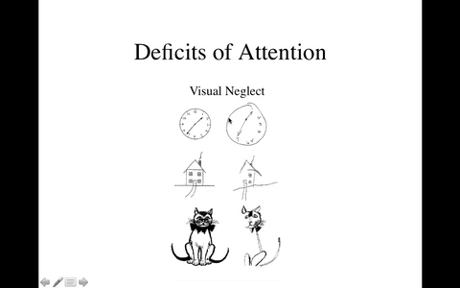And what patients with visual neglect will often do is if they have to copy something like this cat or this clock, they'll only copy half of it. And they'll essentially ignore the other half. If it's pointed out to them, as we saw in the video that we watched in class, they can see it. It's not as if they are literally blind to it, but they do have this kind of neglect that happens. So it's sort of an inattentional blindness that happens to one visual field.